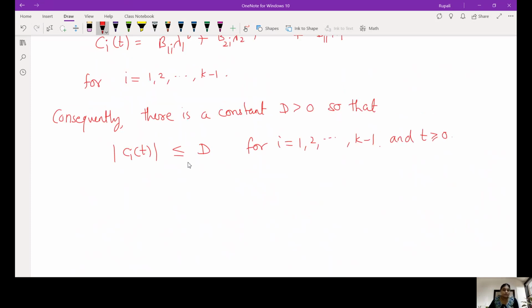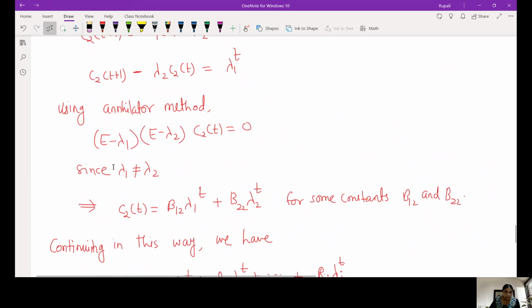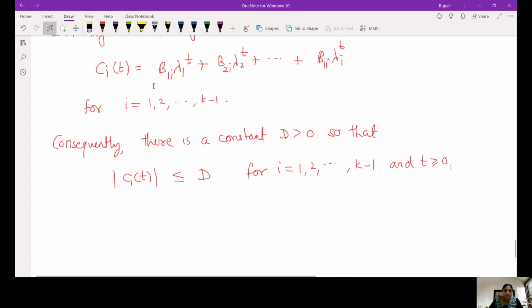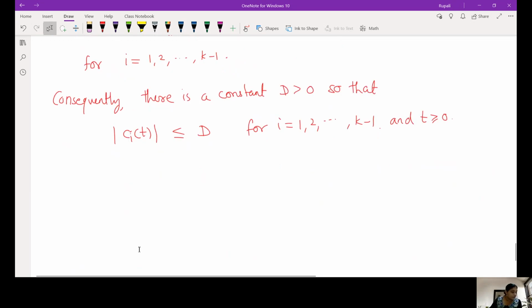Because the bi's are constants and |lambda i|^t is less than 1 only. Lambda is our eigenvalue, so we can have some constant. There exists some constant d strictly greater than 0 so that |Ci(t)| is less than or equal to d.